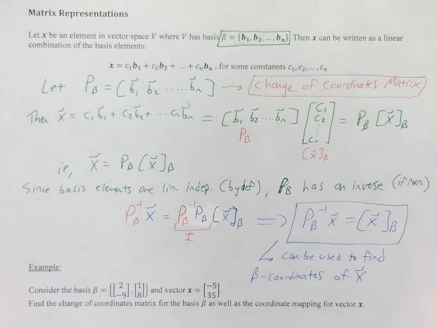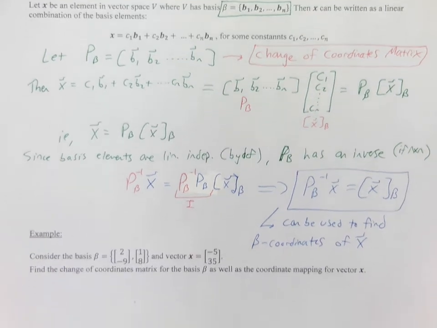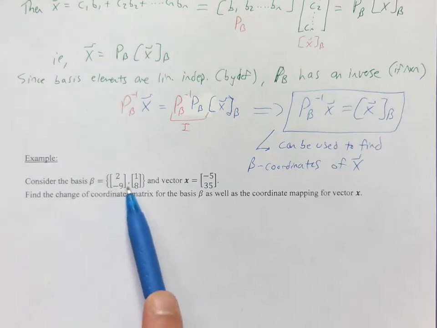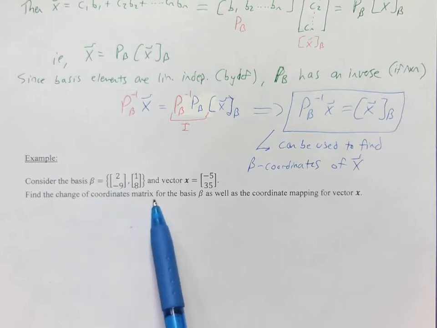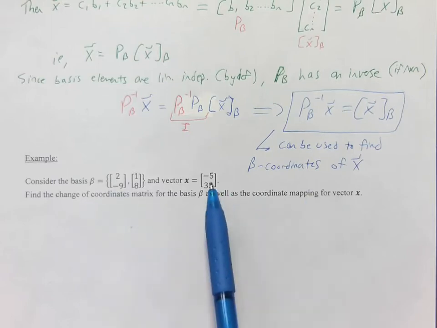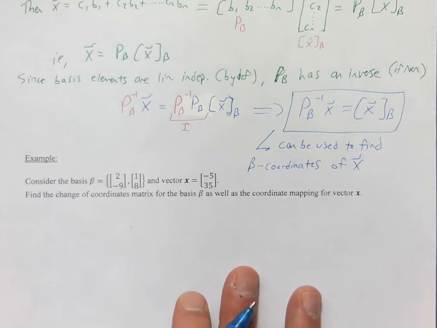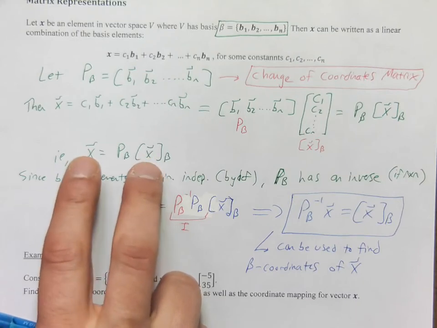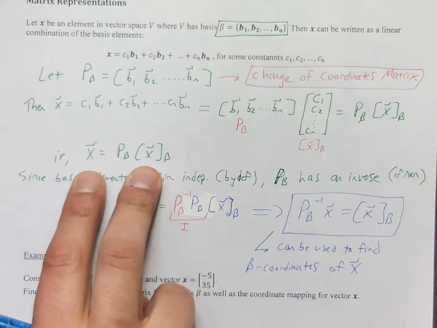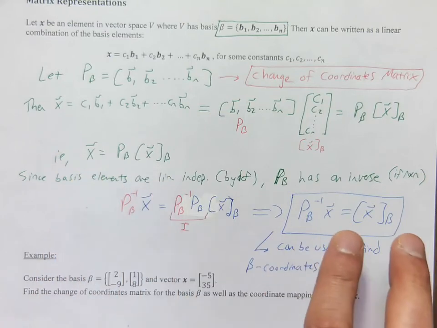And so we're going to do an example of doing that right down at the bottom here. So using these basis elements, first of all, we're going to find the change of coordinates matrix, and then we're going to try and find the coordinate mapping for that specific vector. Let me summarize the relationship that we just found up here. We found that this relationship, x equaling P sub beta x sub beta, implies that this relationship happens.